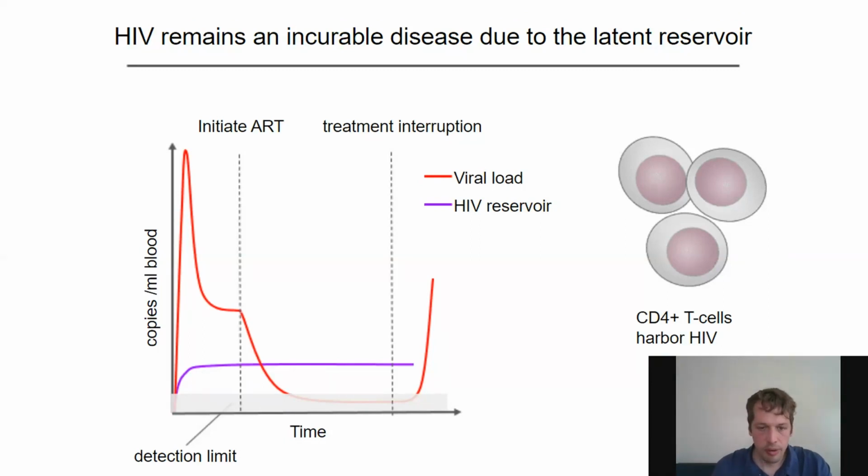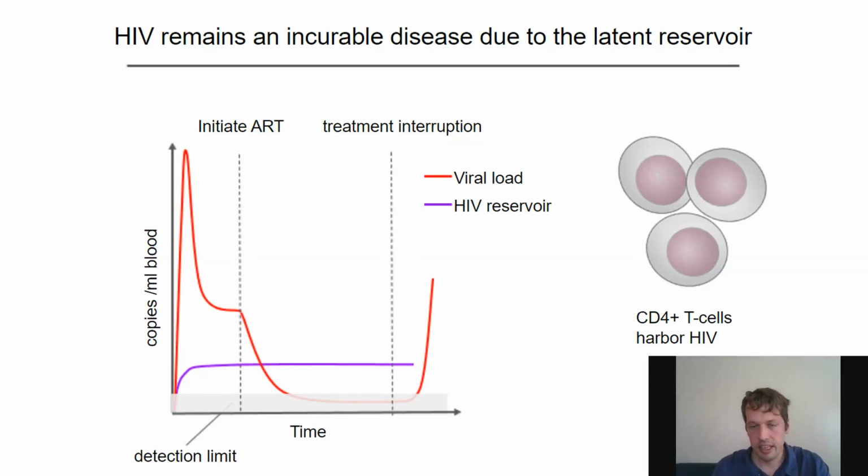HIV in this form is very persistent. The antiretroviral therapy can target the red part, the viral load, but not the reservoir. So that stays constant. And if people interrupt their ART treatment, the viral load shoots up again and rebounds out of this HIV reservoir.